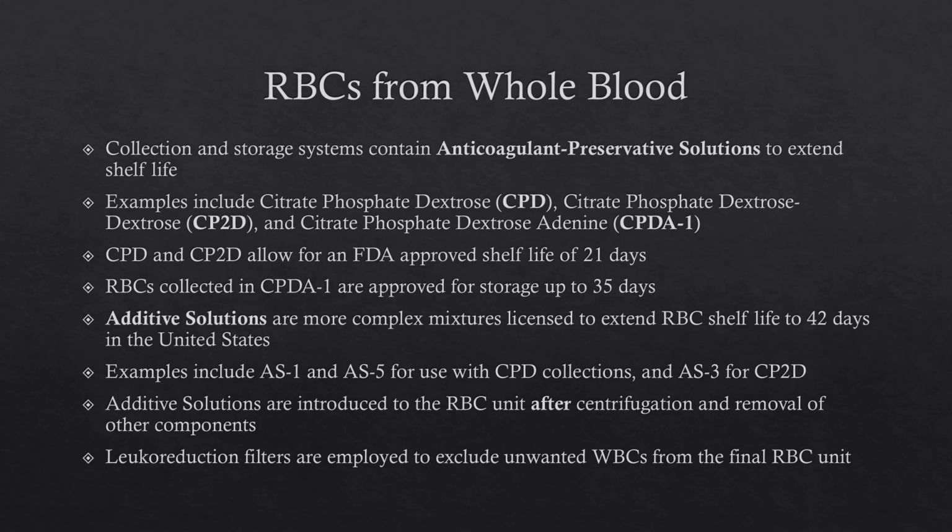Let's talk about red blood cells. RBCs, as we know, that's the cell type, the component that primarily pops to mind when we think about a blood donation. So when you make an RBC component out of whole blood, there are a couple of things to keep in mind. First, the whole blood must be anticoagulated.